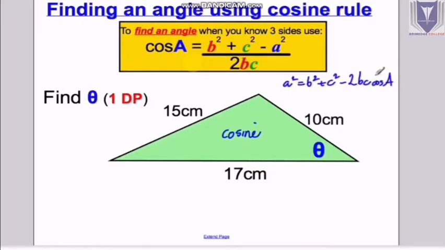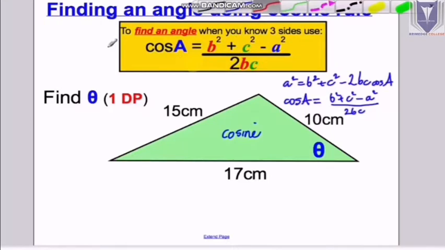But remember, we still have three sides and one angle. In this case, we know 15 centimeter, but we don't know the opposite angle theta. You can see it's obeying that condition that before you can apply cosine rule, you must know three sides and one opposite angle. But this time we know the side, we are looking for the opposite angle.